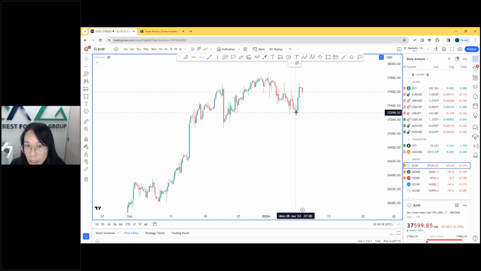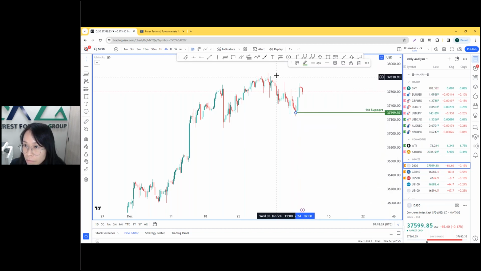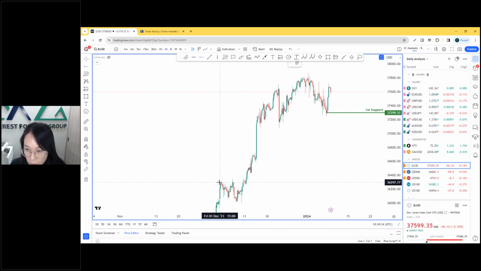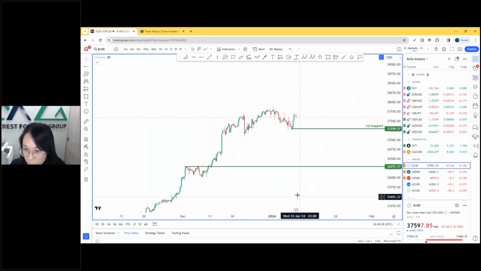Okay, DJ30. First level of support. It's not a good one, so I guess the second level will be this. Slightly far out if I could.